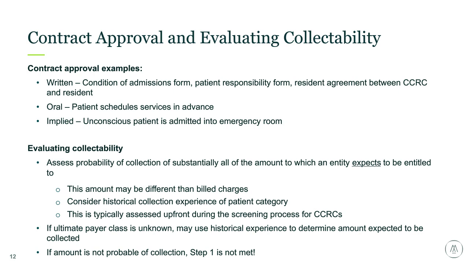They may determine that the amount they expect to be entitled to is significantly less than the billed amount, and they may determine that lower amount really is probable of collection based upon their historical collection experience with that patient or a similar grouping of patients, and therefore the collectability criteria is met. For CCRC organizations, collectability may be assessed up front for certain revenue streams during the new resident screening process, so that would generally satisfy this element of the contract criteria.